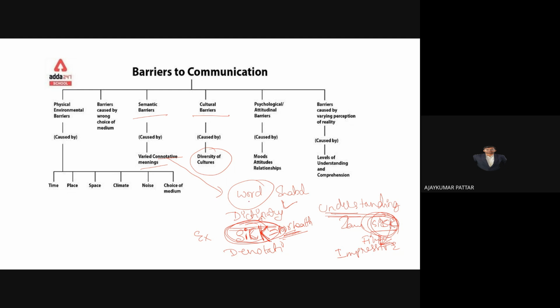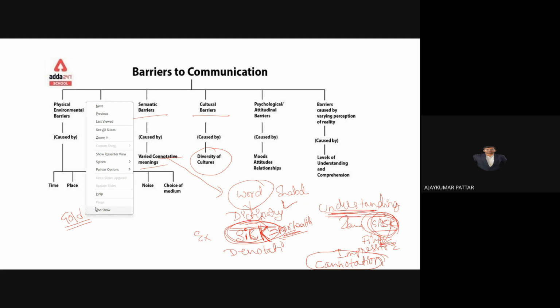So the meaning given by the dictionary is called denotation, but the interpretation of a person based on his emotion and situation, we call connotation. For example, just as I am telling, whether it is suitable or not. For example, what is the dictionary meaning of gold? It is a type of metal.